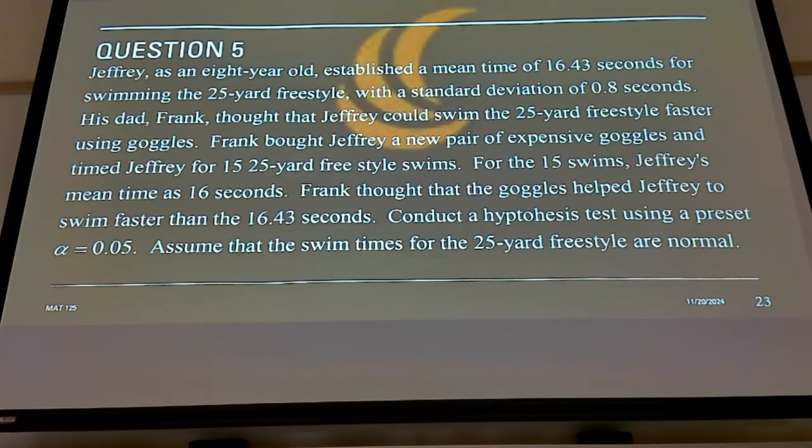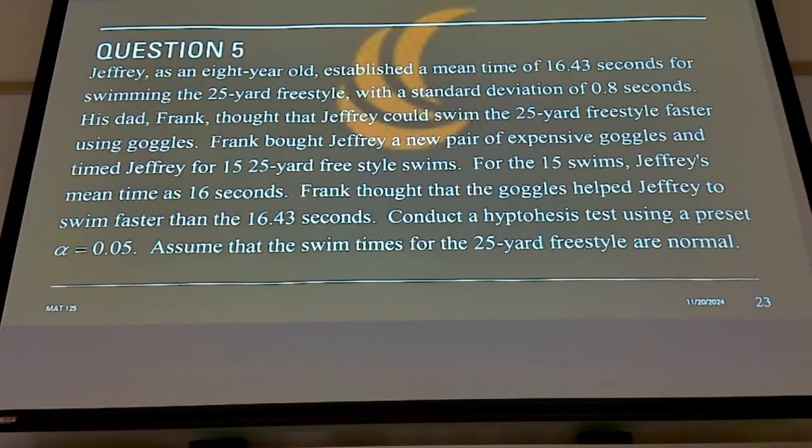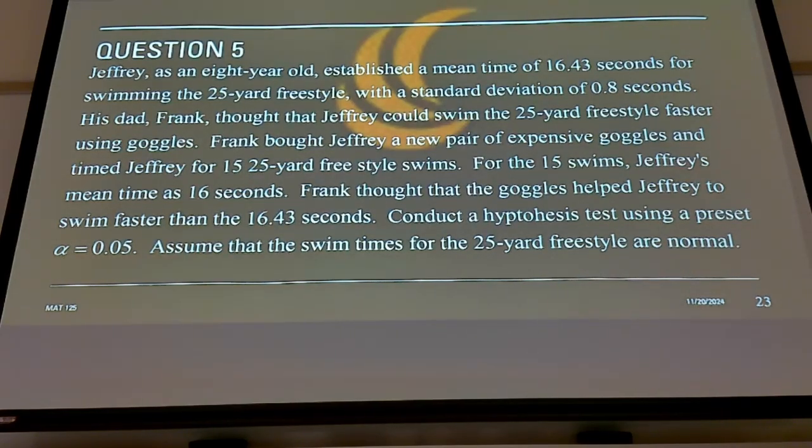Jeffrey, as an 8-year-old, established a mean time of 16.43 seconds for swimming the 25-yard freestyle with a standard deviation of 0.8 seconds. His dad thought that Jeffrey could swim the 25-yard faster using goggles. So Frank bought Jeffrey a new pair of expensive goggles and timed Jeffrey for 15 25-yard freestyle swims.